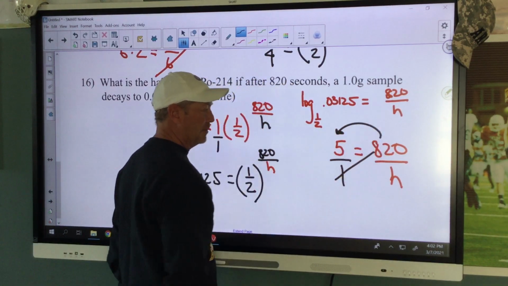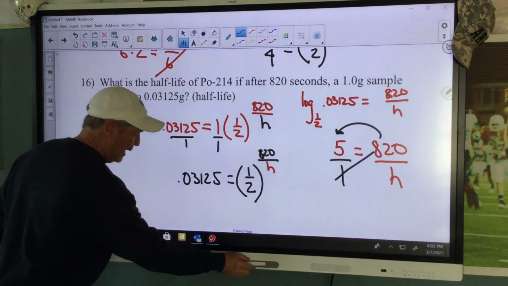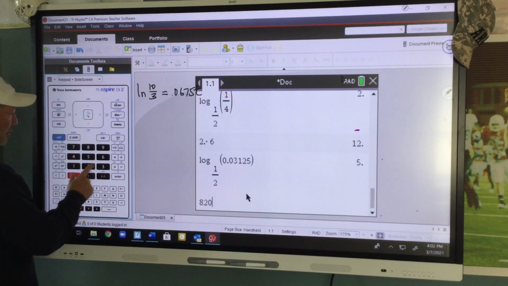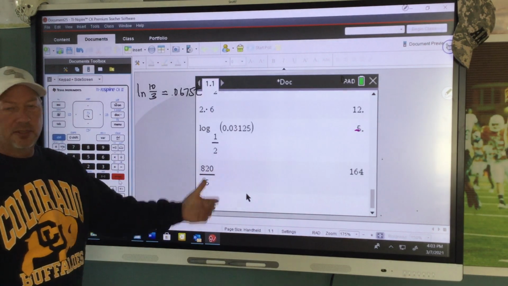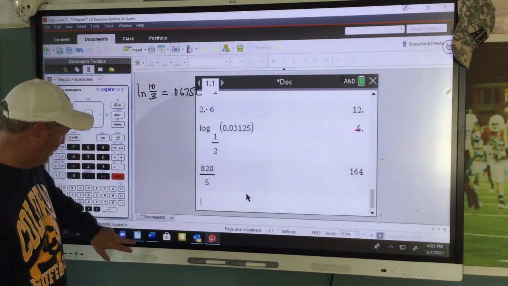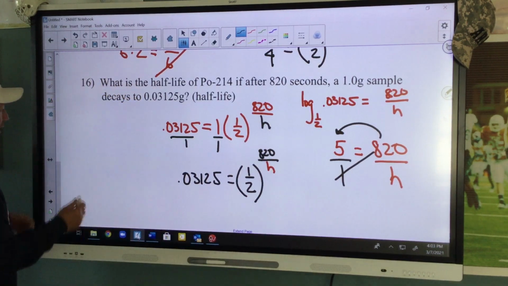You're going to say 1 times 820 is 820, divide by 5. So we're going to say 820 divided by 5, enter, we get 164. So we're going to have a half-life of 164 seconds.